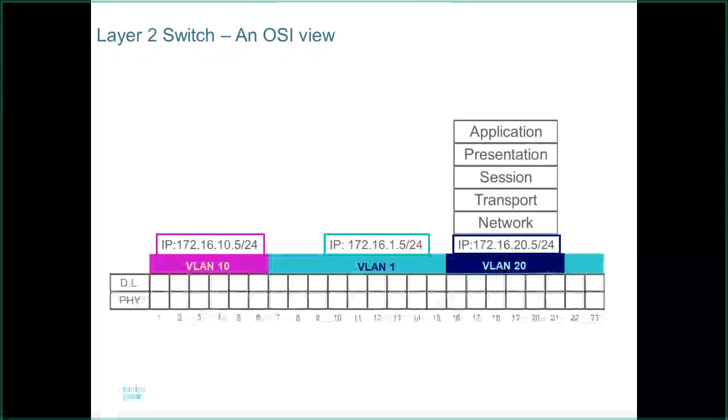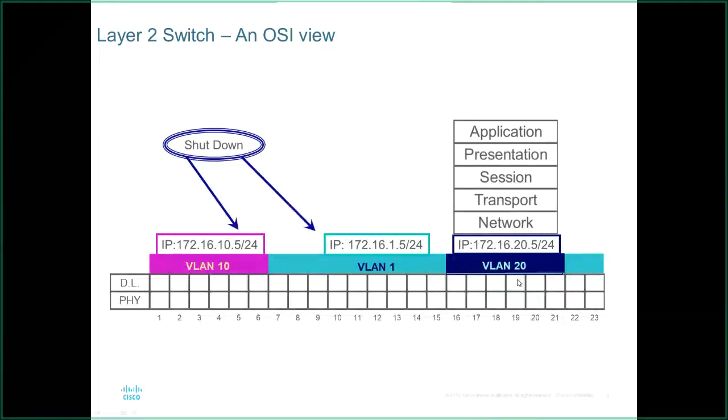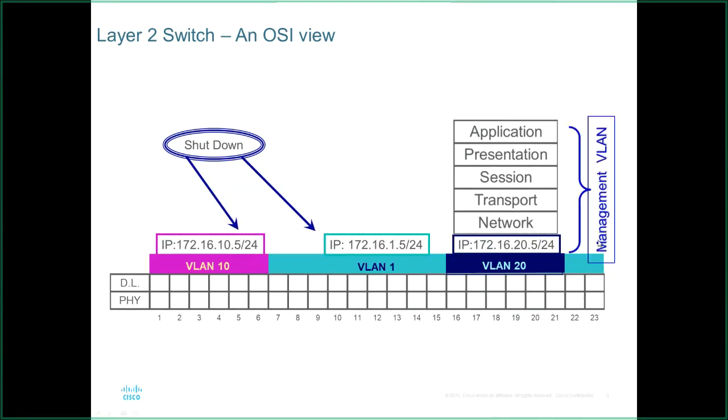And if we switch to VLAN 20, that becomes the active VLAN, and VLANs 1 and 10 are shut down. So just to make sure, we can only have one active VLAN as far as IP traffic is concerned on a standard layer 2 switch. The active stack becomes the de facto management VLAN.